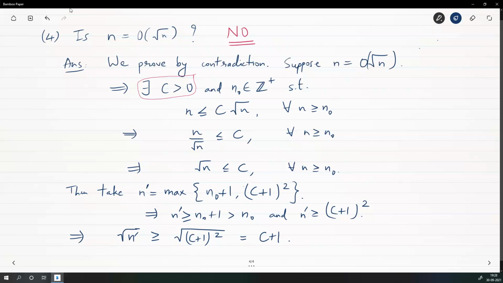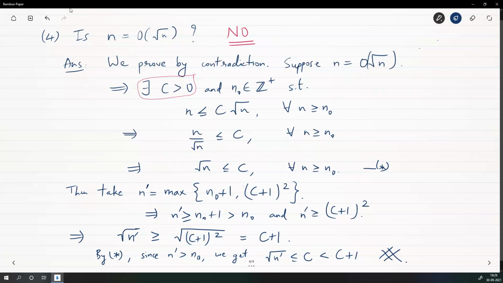But now if I call the original inequality star, by star, since n prime is greater than n naught, we get square root of n prime less than or equal to c, which is less than c plus 1. And that is my contradiction. Proof by contradiction.